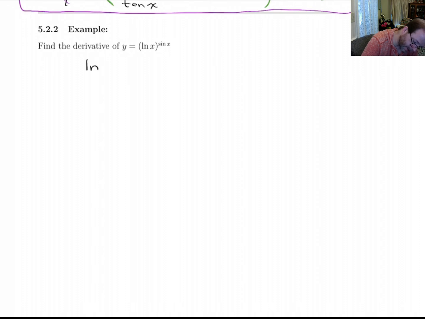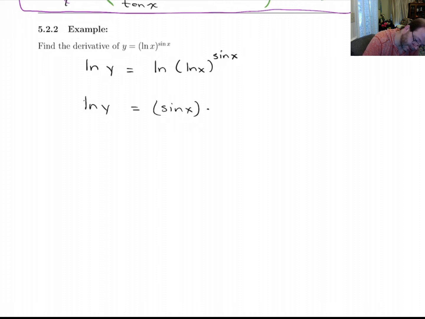So we take ln of y equals ln of ln x raised to the sine x. All right, so you get ln y is sine x times ln of ln x.